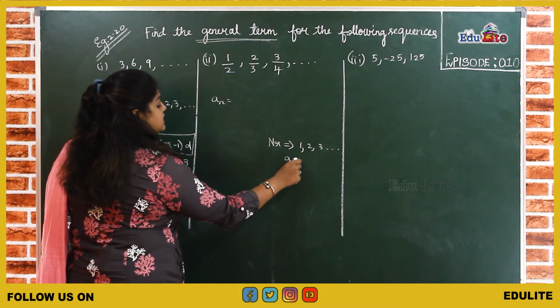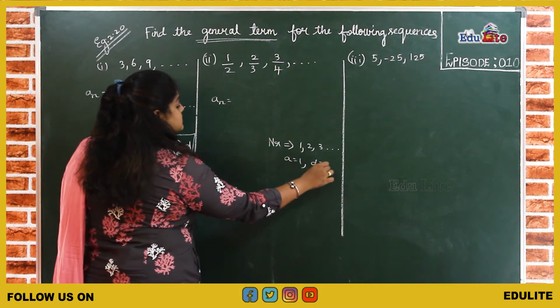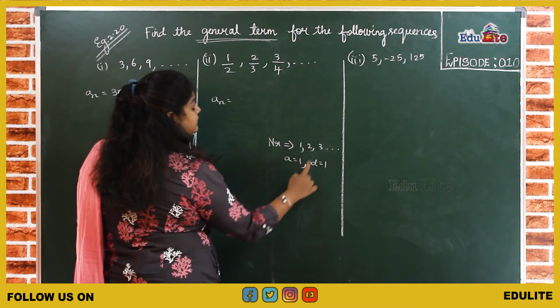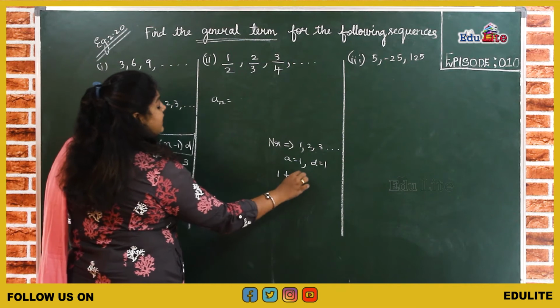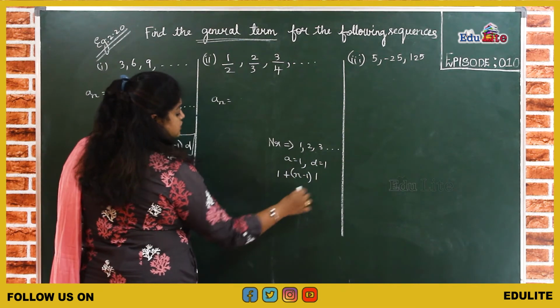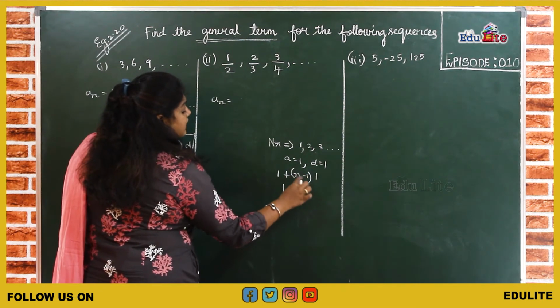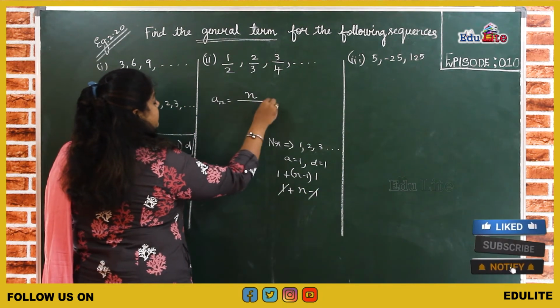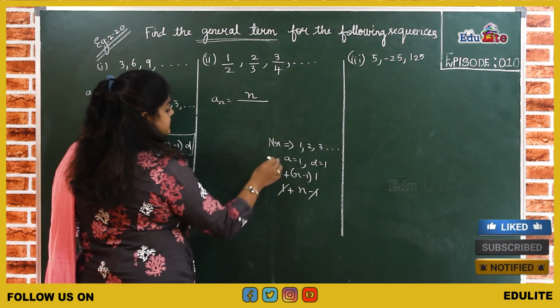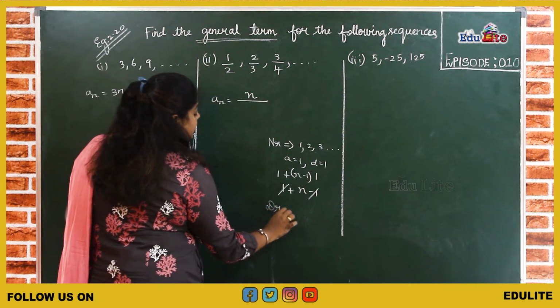The a value in this sequence is 1 and the d value is as well 1, because the common difference between any two terms is 1. So 1 plus n minus 1. This and this will get cancelled. The numerator will be n.